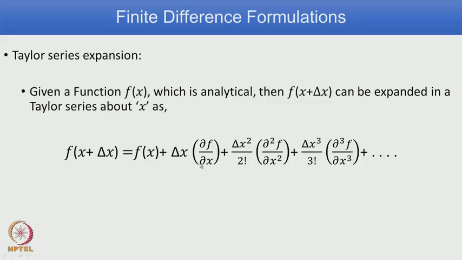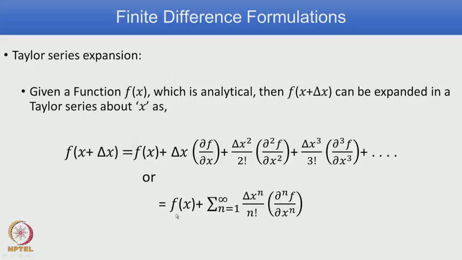Now, you can recognize that this follows a sequence, hence it can be rewritten in this form as f of x plus summation n going from 1 to infinity delta x to the power of n by n factorial dou n f by dou x n. You can cross check by substituting values for n and see whether you can recover the expanded form of the equation.